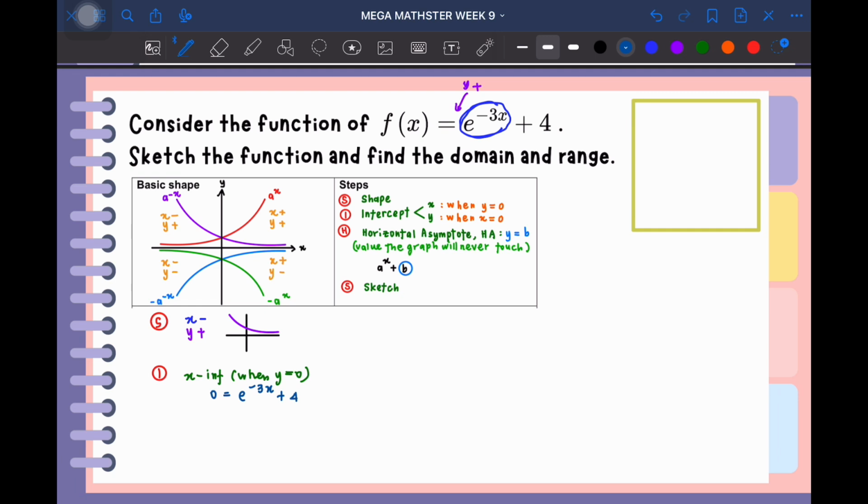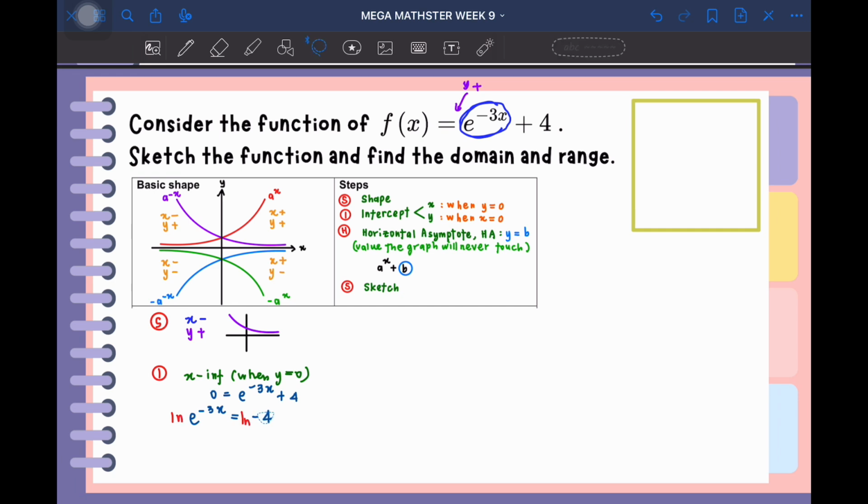Okay, and then kita akan nanti dekat sini. So I will bring the exponential to the left. So e to the power of negative 3x is equal to negative 4. Okay, so how are we going to eliminate the e over here? We are going to put ln at both sides. So saya letak ln di sebelah kiri, saya letak ln juga dekat sebelah kanan.